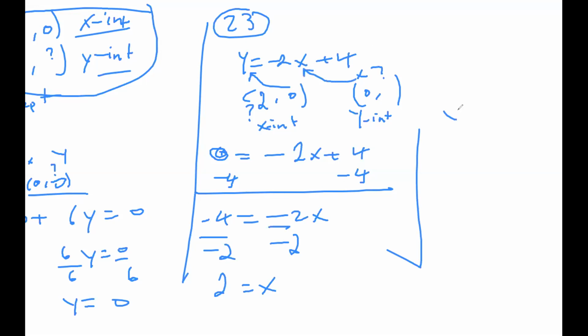What would this be? Negative 2 times 0. That's right. Negative 2 times x, which we know is 0, 0 plus 4. Y equal to 4. That's right. So this cancels. We got to have 4. And that's it. We just completed the pairs.